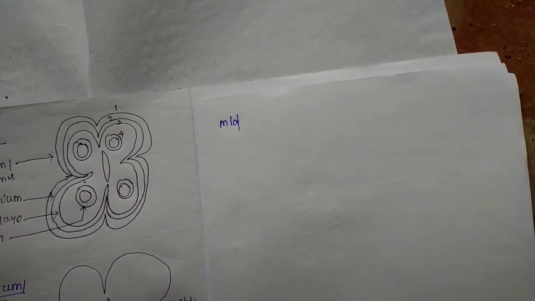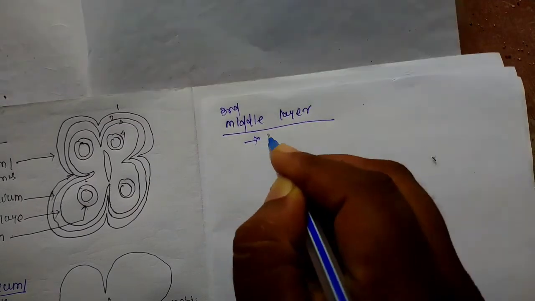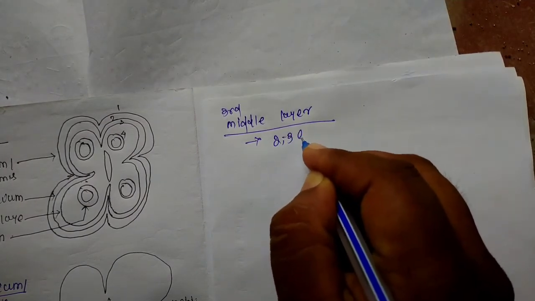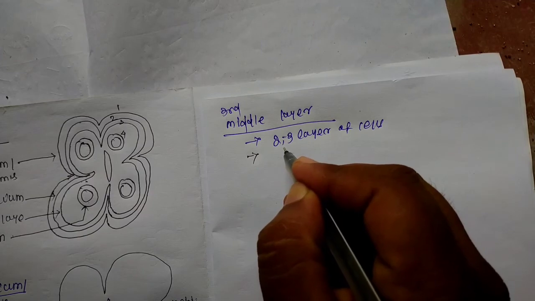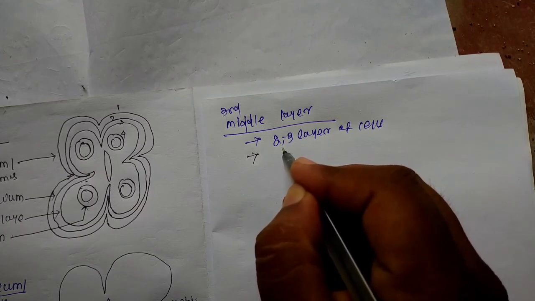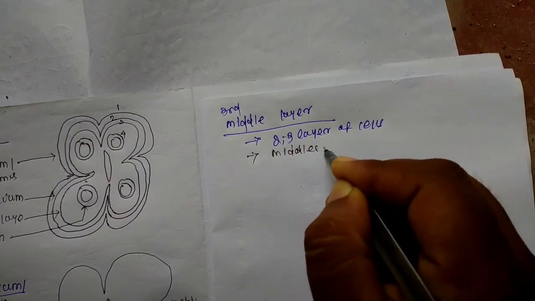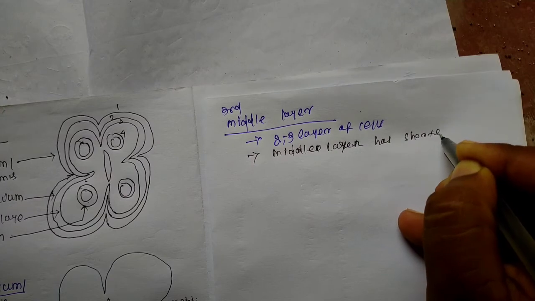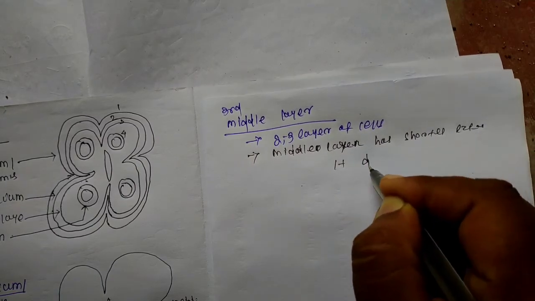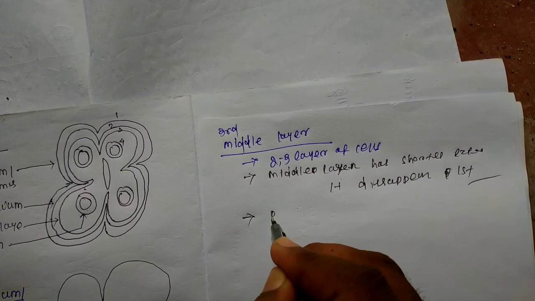It disappears quickly after the anther matures, from these three layers. The middle layer has the shortest lifespan, which means it disappears fast. The function of the middle layer is protection.